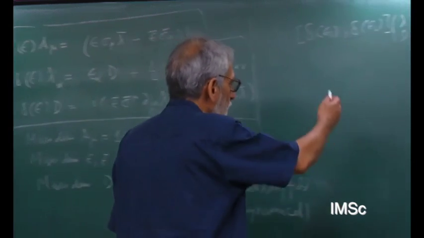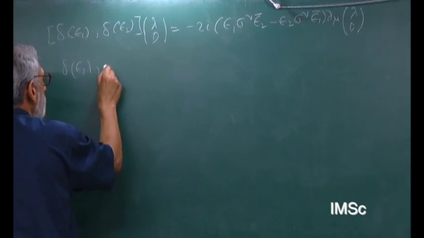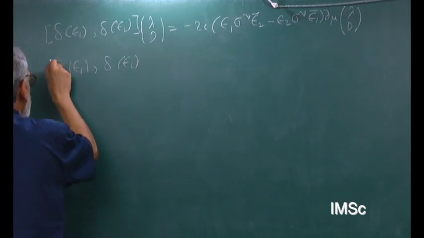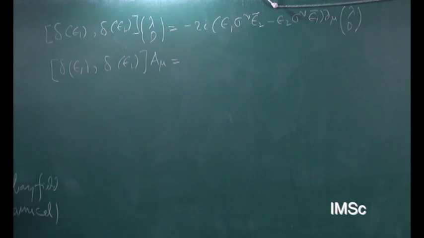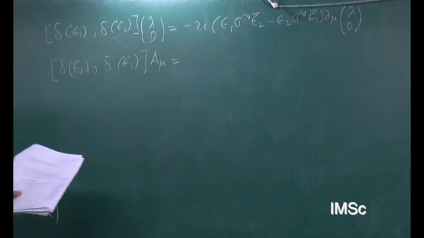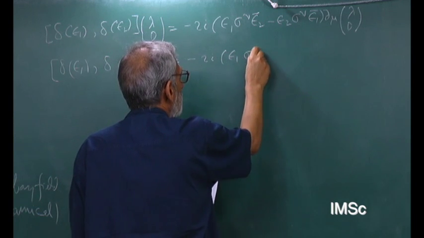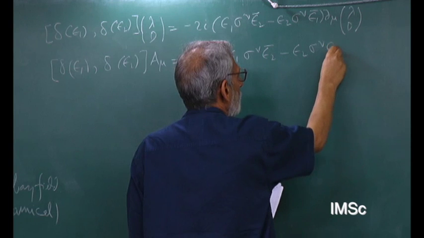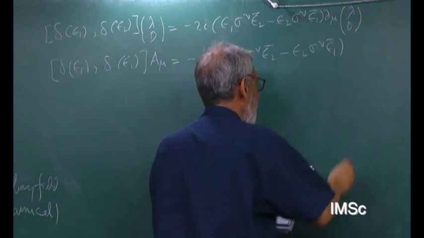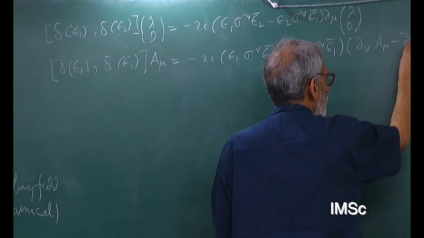Now it should be true not only on lambda and D, but it should also be true on A. So if you do this calculation on A using these laws, what you get is -2i (epsilon 1 sigma nu epsilon 2 bar - epsilon 2 sigma nu epsilon 1 bar) times (d nu of A mu - d mu of A nu).